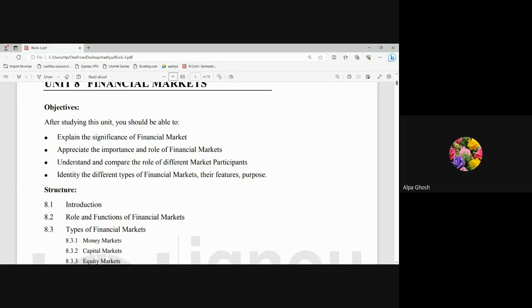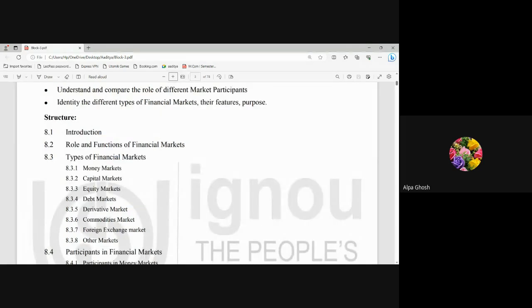We need to compare the different market participants, that is the components of financial market, or else we can say the players of financial market, and the different types of financial market, their features, that is their nature, characteristics, and the purpose or the objective of their establishment. So we will be having it divided into 8 sub chapters.